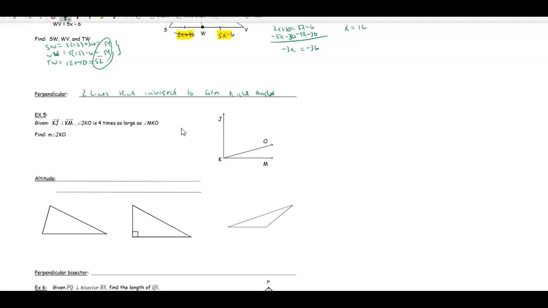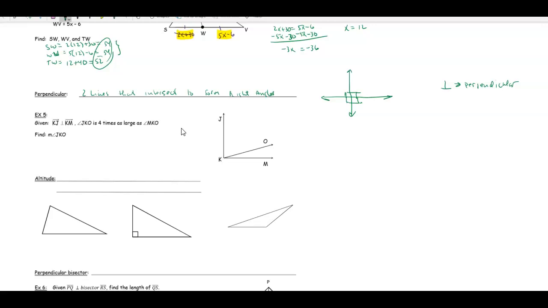So if I have this line and this line, and I say they're perpendicular, the symbol for perpendicular is an upside down T. This means perpendicular. So if these 2 lines are perpendicular, we can say all 4 of these angles at the intersection are right angles or 90 degrees.